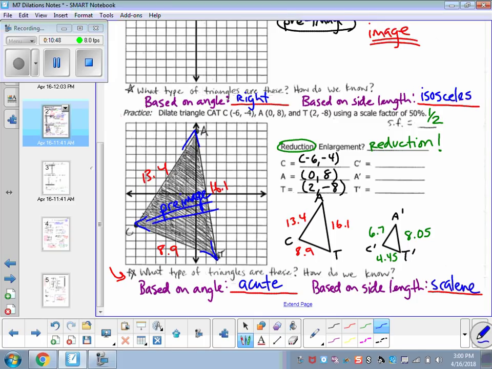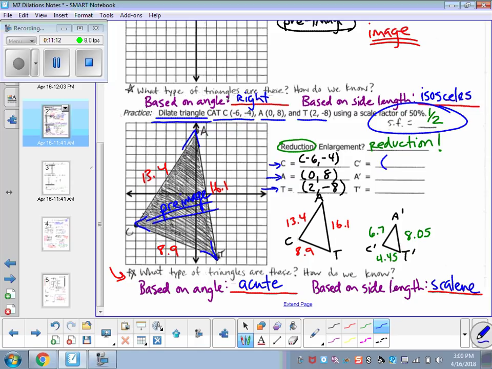That's our pre-image. And now what the problem is asking us to do is dilate it by a scale factor of 1/2. We want to dilate triangle CAT using a scale factor of 1/2. So all we're going to do now is come through and take 1/2 of each one of these.